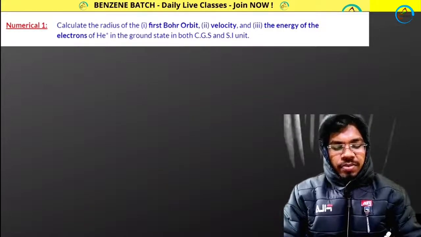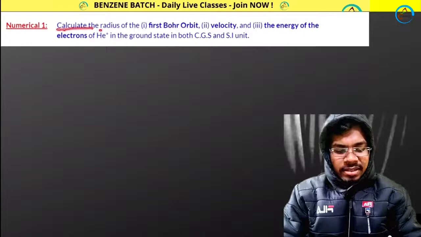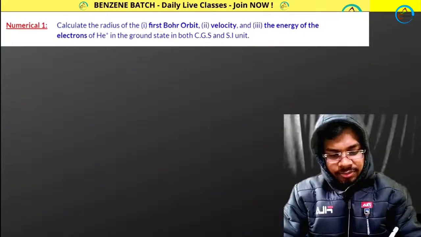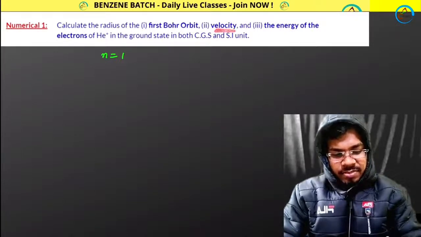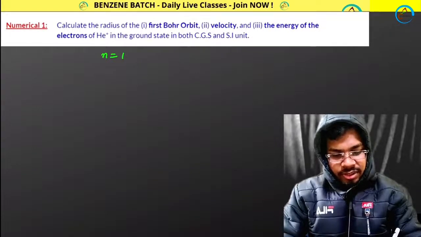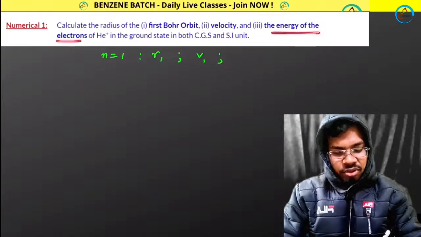Okay, so the first question that I am going to give you is numerical one. It says calculate the radius of the first Bohr orbit. First Bohr orbit means n equals 1. Then velocity, v1, for the first Bohr orbit. So you have to calculate r1, then v1, then the energy of the electron of helium.